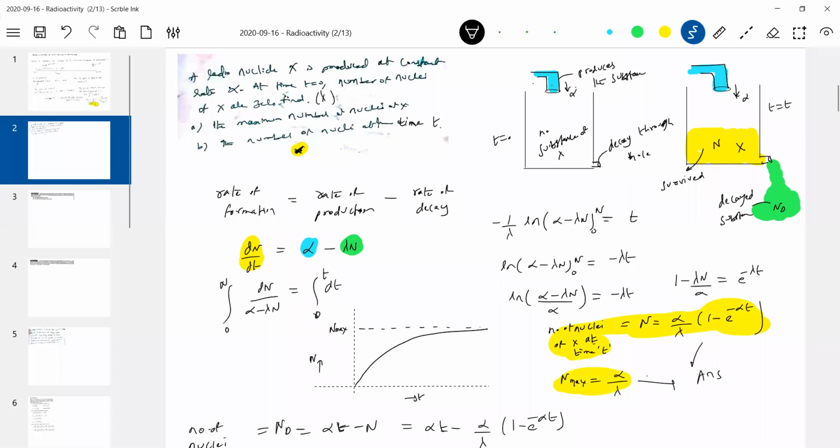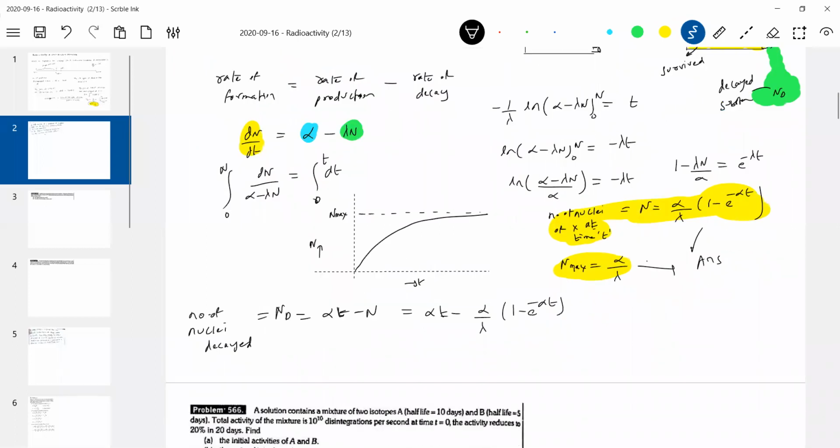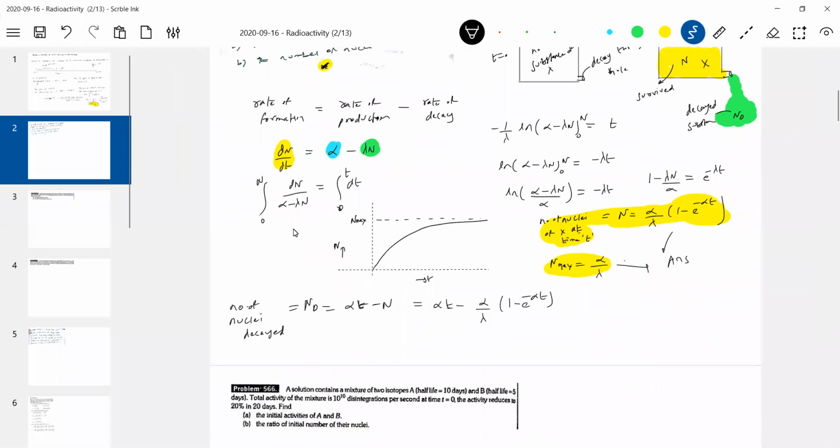Suppose each decay generates an energy, and 40% of that energy is utilized to heat up the water. Can we do anything here? For that, what should we do? I'll introduce the ideas here only, so that you will be in a better position.